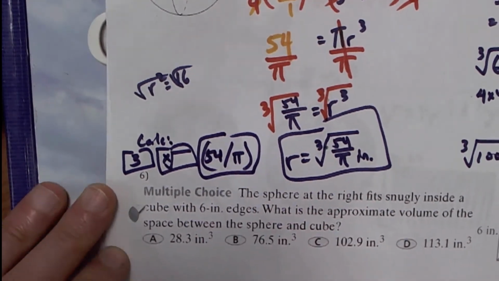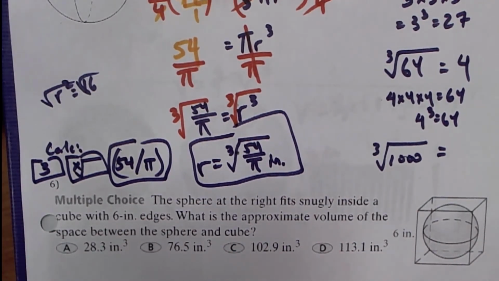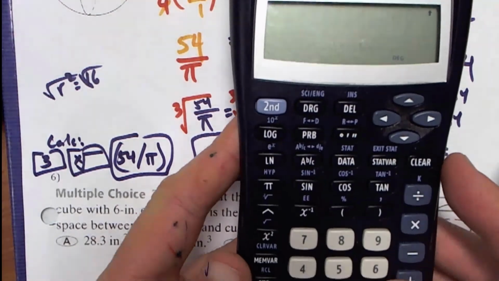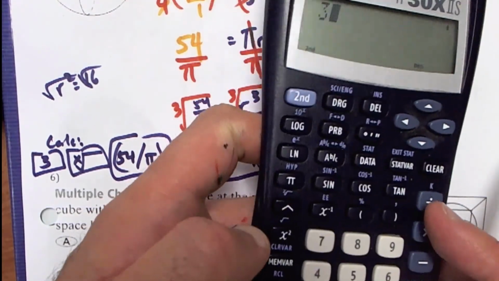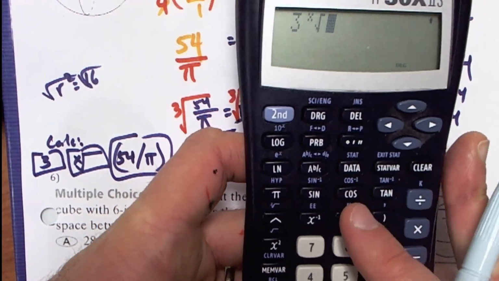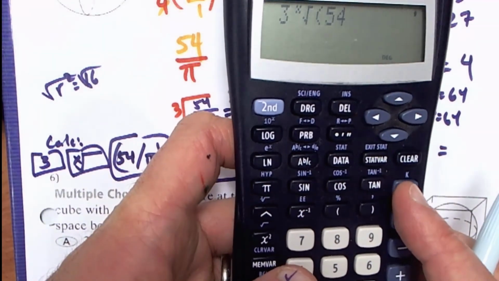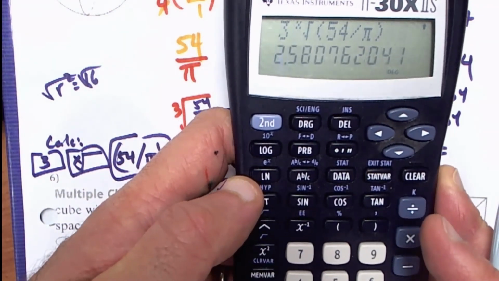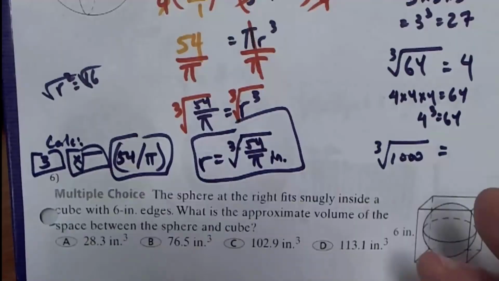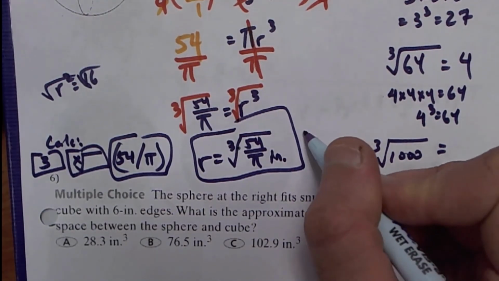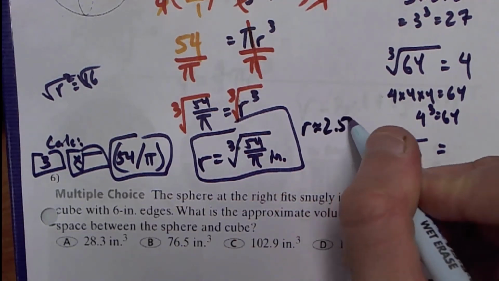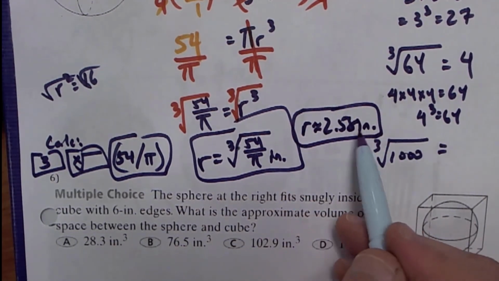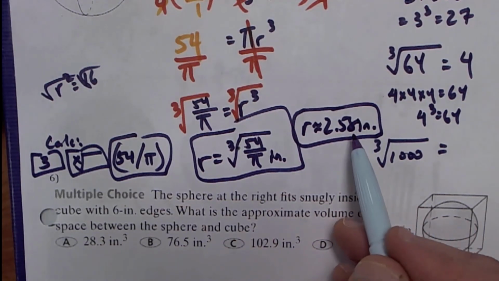I put it in parentheses, otherwise order of operations comes into play in a bad way here. So 3 x root parenthesis 54 over pi. Okay, about 2.58. Either one is just fine, but this is what they ask for because it's rounded to the hundredths place.